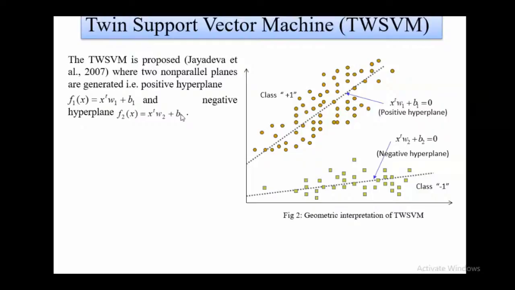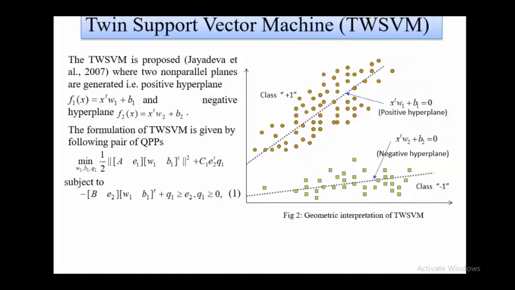So for the first one, the hyperplane equation is x transpose w1 plus v1 equal to 0, and we represent all the data points in a matrix. The distance is found through the term A w1 plus e1 v1. Whatever the points are, you put them here and take the norm squared, because you want the distance to minimize.